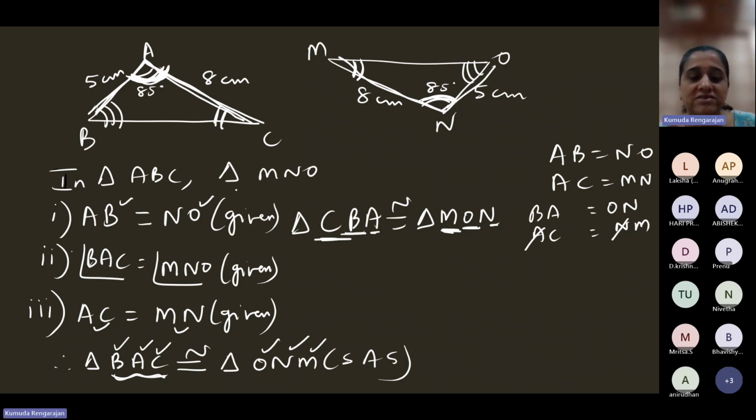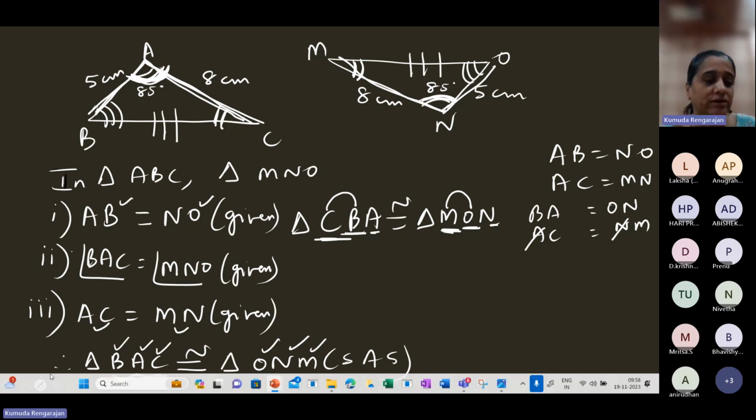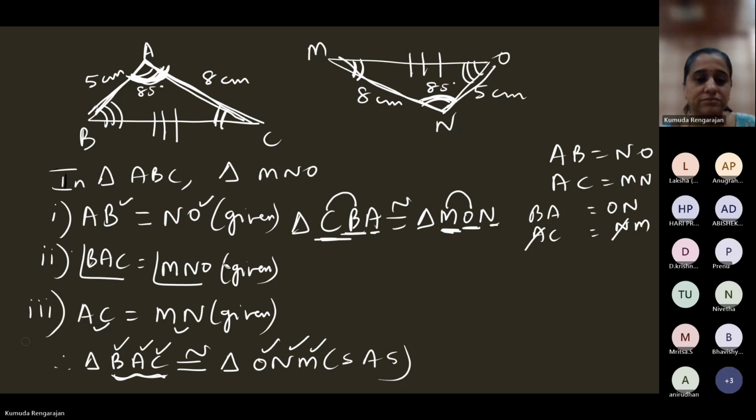Then about the sides, side CB is equal to MO. Because they're congruent, their corresponding sides and angles will be equal.